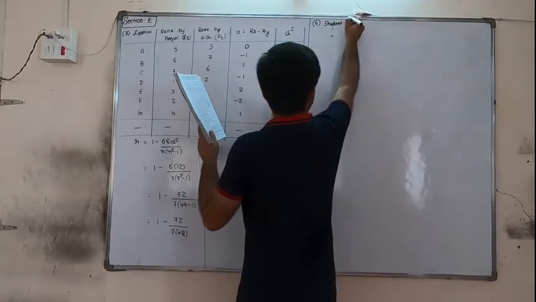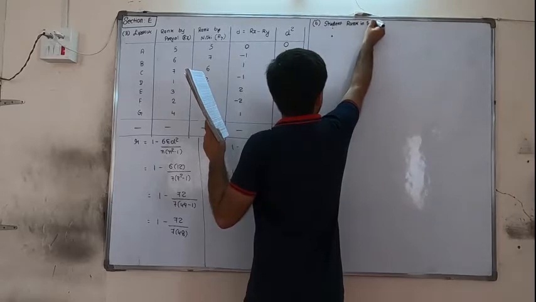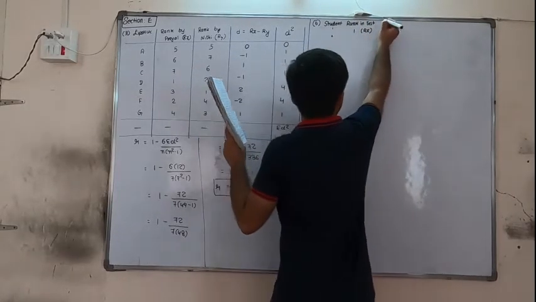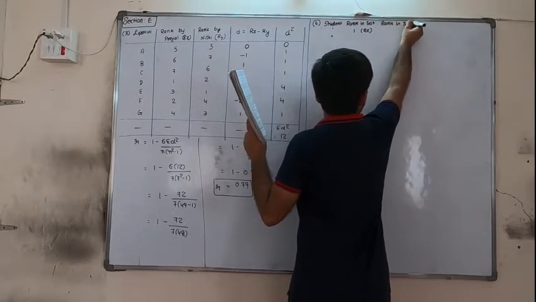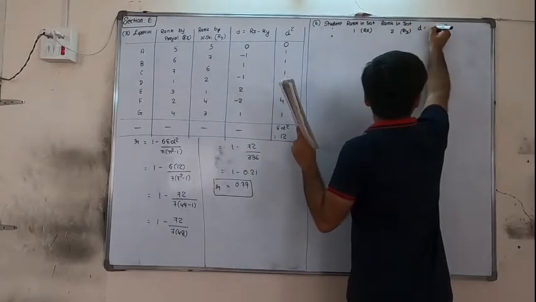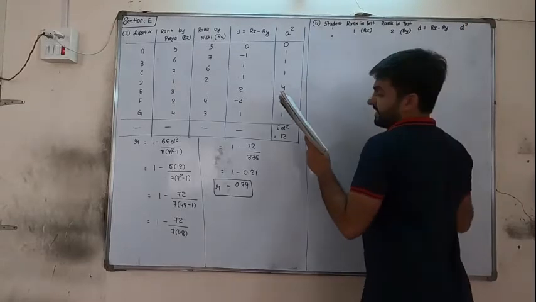Student, ranking in test 1, that is Rx, ranking in test 2, this is Ry, d is equal to Rx minus Ry, and finally d square.